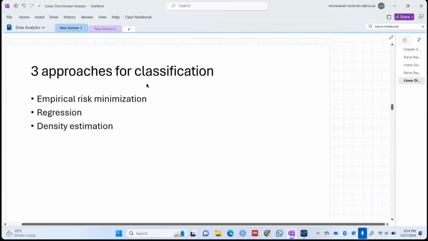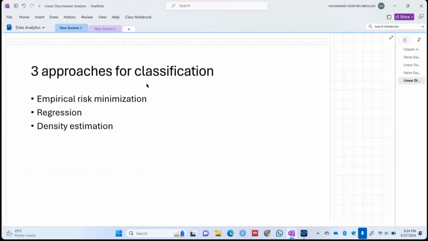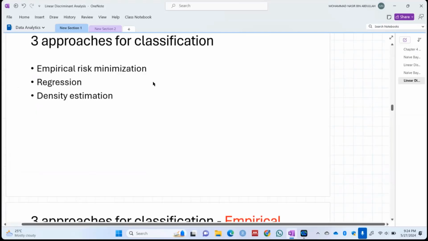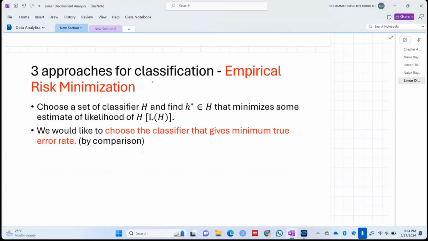In classification, there are three approaches. First is empirical risk minimization. It means that we compare all classifiers available that are suitable for the data, and we measure the performance of each classifier. Choose the classifier that gives the minimum true error rate by comparison. Let's say we have data with a binary dependent variable.